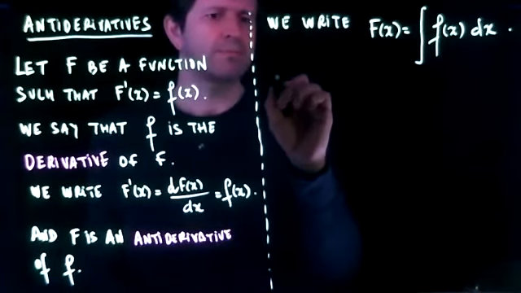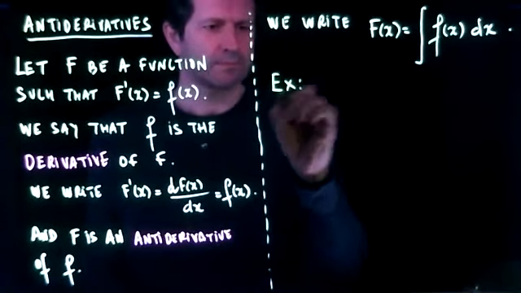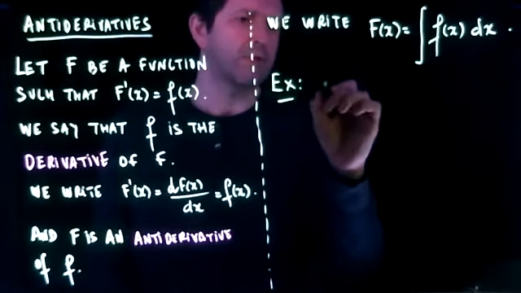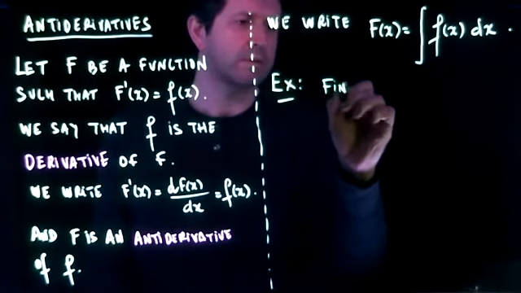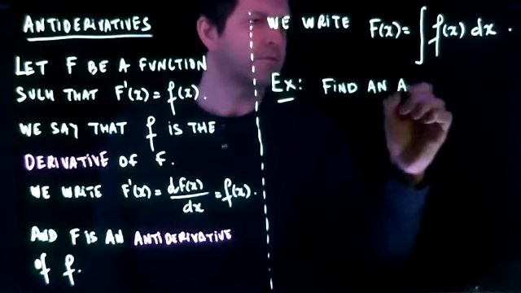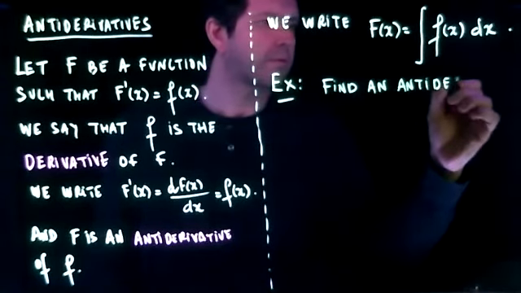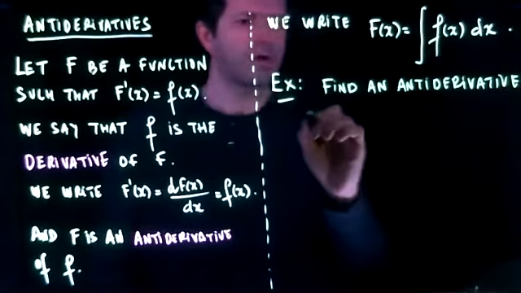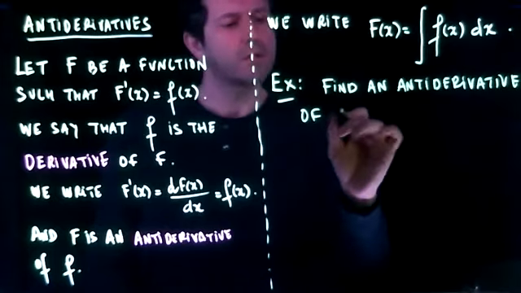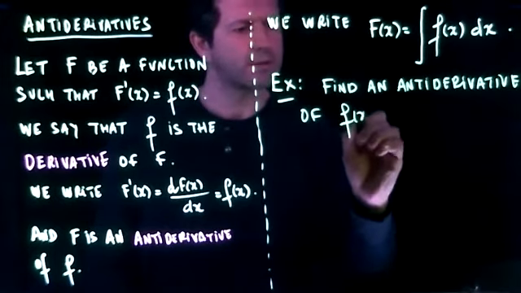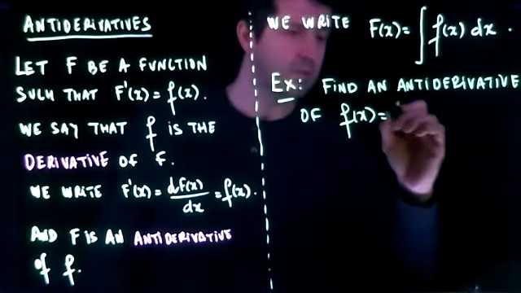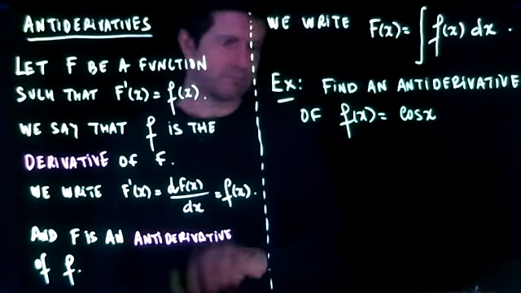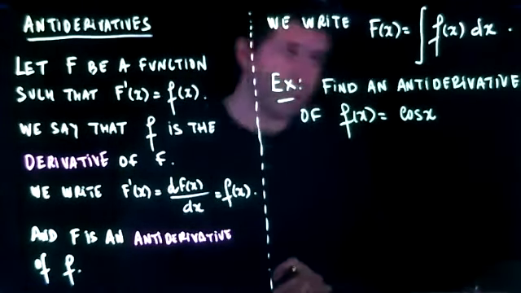For example, find an antiderivative of, let's say, f of x. I'm going to start with a very, very easy one: cosine x. Remember, I'm going the other way around.